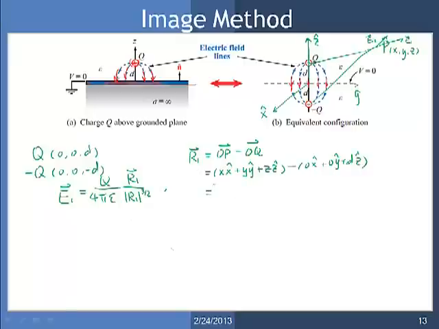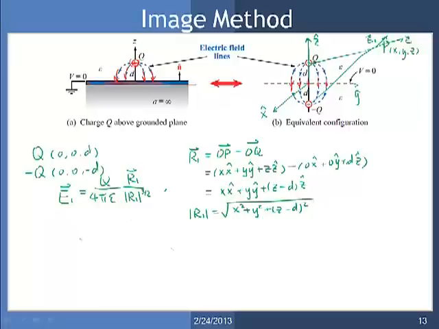And it follows that the r1 vector would be x hat plus y hat plus (z minus d) z hat. And then the magnitude of r1 would simply be the square root of x squared plus y squared plus (z minus d) squared.